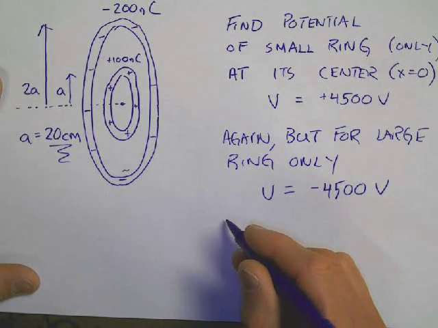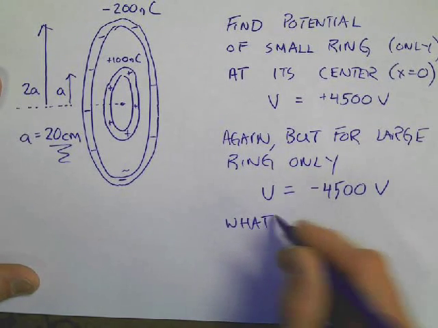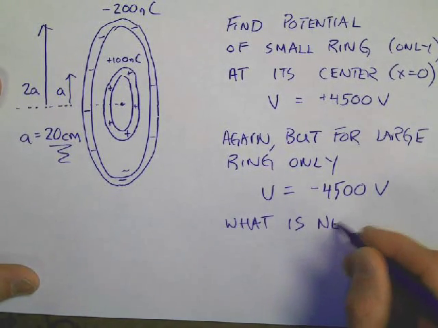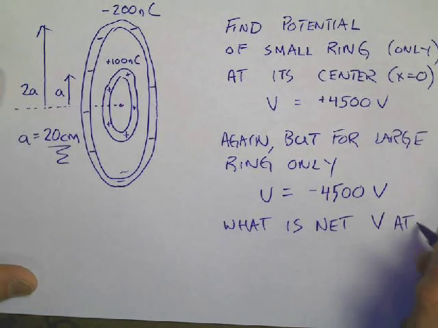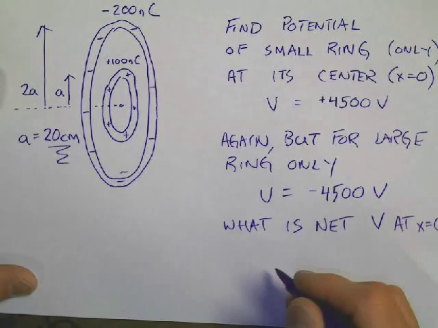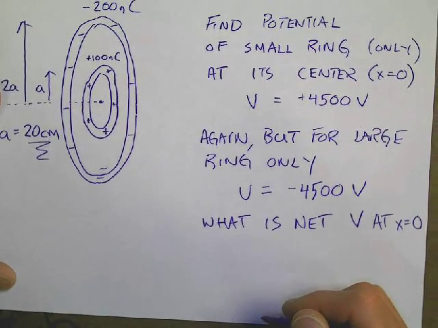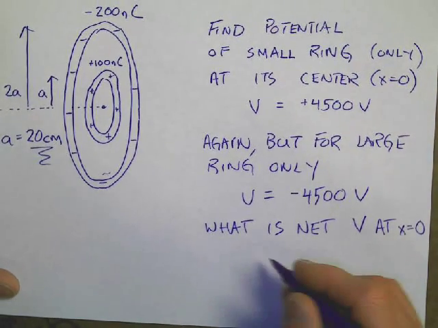So if you ask the question, what is the net potential at the center, yes, those two things would combine to cancel out and give 0.